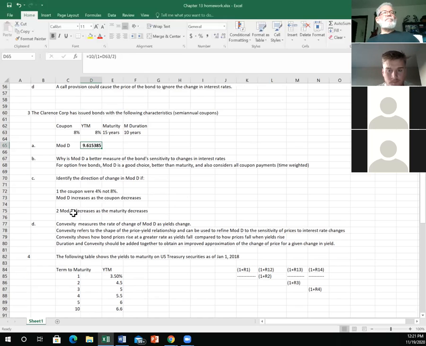Number 2, if the modified duration decreases, it decreases as the maturity decreases. So if the maturity of the bond were 7 years instead of 15 years, the duration would be a smaller number.